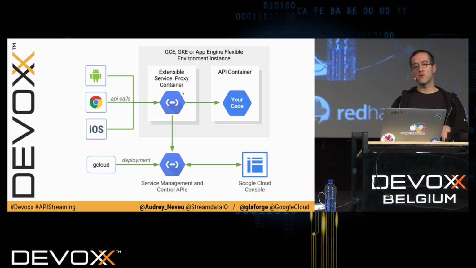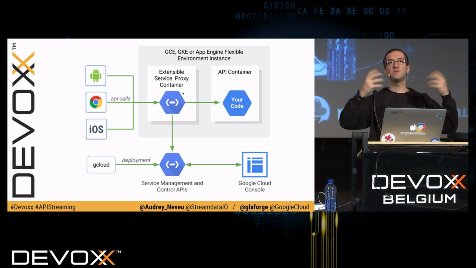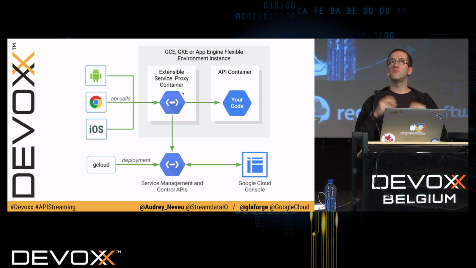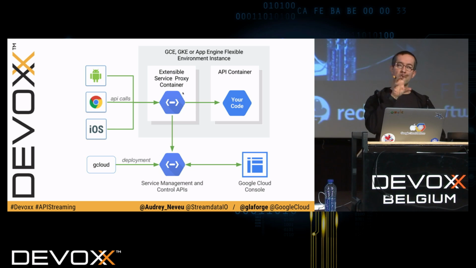If you're in an environment like App Engine, for example, where auto-scaling might spin off additional instances of your API, then you're going to have a proxy per instance. So the proxy is always as close as possible to the code of your API.